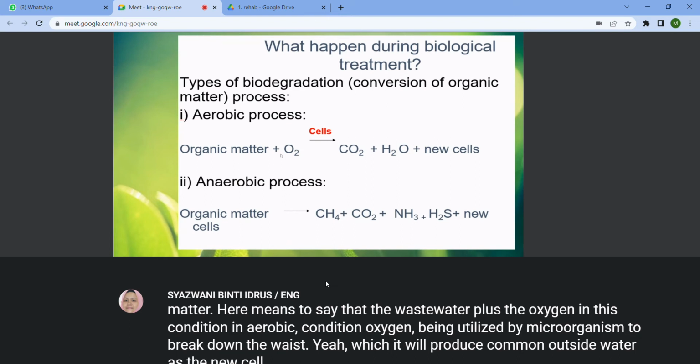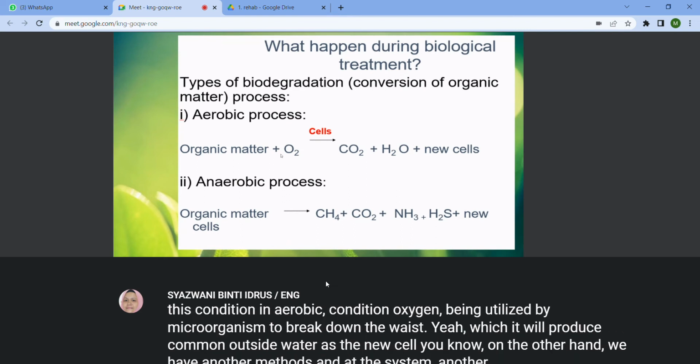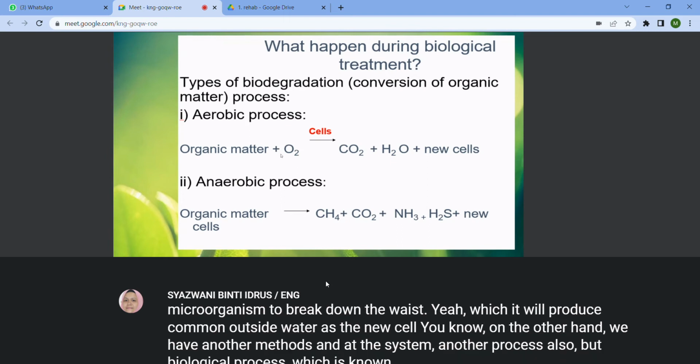On the other hand, we have another process, also a biological process, which is known as the anaerobic process.